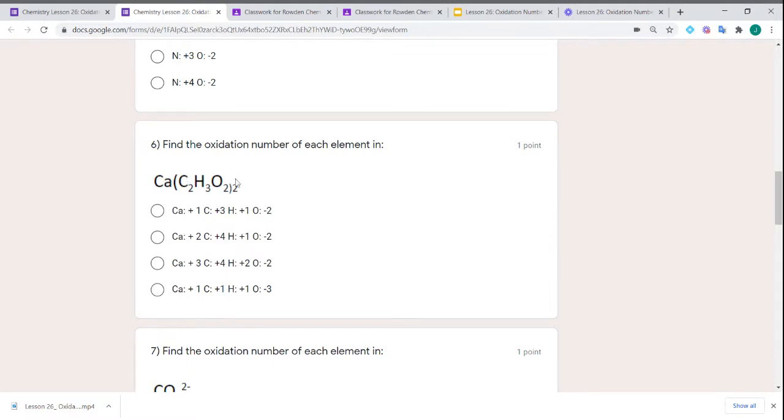That way, when you have 2 of them, it makes the -2 to balance out the +2 of the calcium. So if you know that hydrogen is +3, and you know that oxygen is -2, then the carbon has to be +4 in order for it to all balance out.